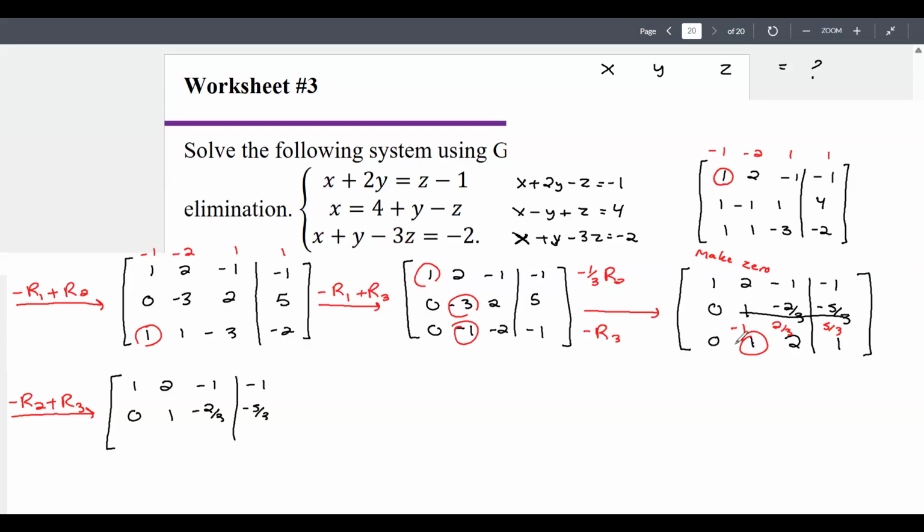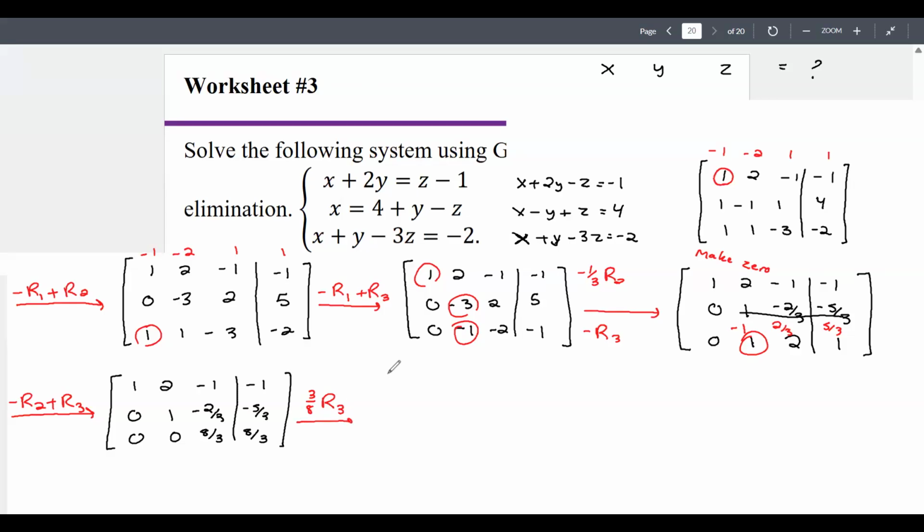So here, remember, this whole row now is this red one here. So we have -1 plus 1 is 0. So we got another 0 here. Then we're going to have 2 plus 2/3, which is 8/3. And then here we're going to have 1 plus 5/3, which is also 8/3. So if we take R3 and divide it by 8/3, we get everything as a 1 at the beginning.